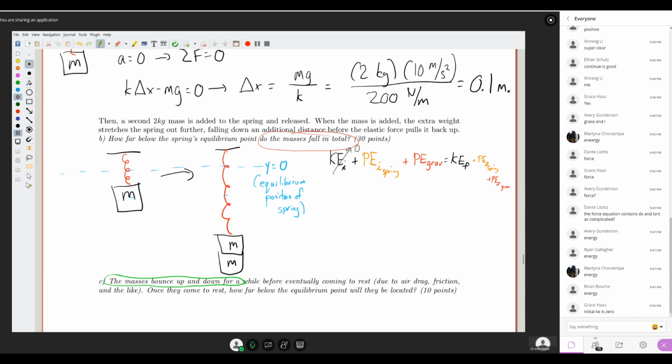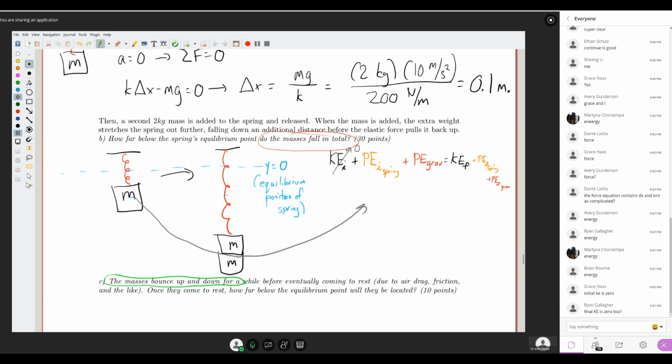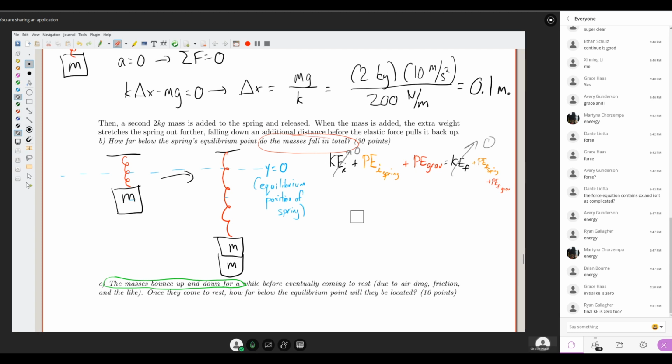So what we're asking is the furthest point downward that this thing goes, right? So it falls down to here, and then it goes back up. Yeah, exactly, Ryan. The final kinetic energy is also 0, because that's the lowest point where it has stopped moving and is about to come back up.